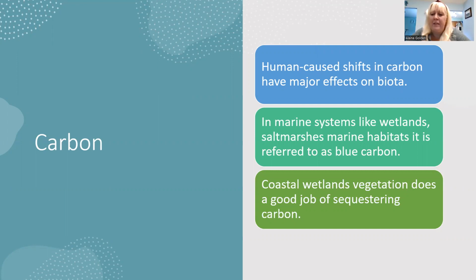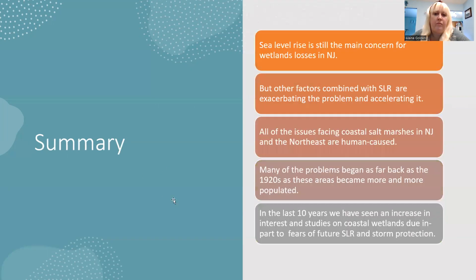And in coastal wetlands, vegetation typically does a good job of sequestering carbon. But when we have issues like eutrophication and destabilizing of the plants and the vegetation themselves, the carbon is not going to be sequestered the way we want it to be, and that's also a problem that's going to just exacerbate other things.